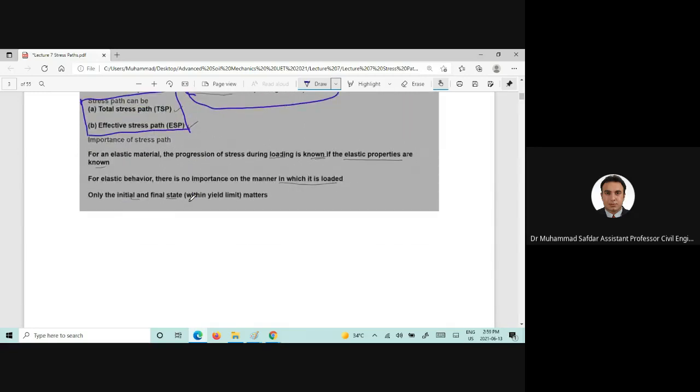For an elastic material, the progression of stress during loading is known if we have those elastic parameters. E and mu are given, then we can find out the shear modulus and we can easily plot the elastic response.